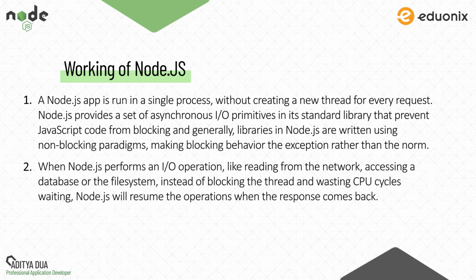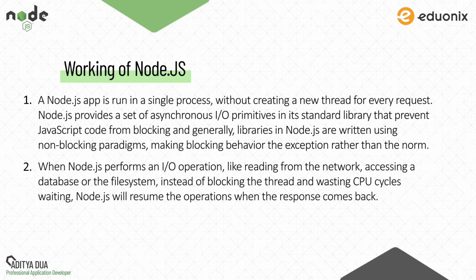Again, what it means is that I am not waiting for the whole system to be stuck. The power of Node is that I am just waiting for my systems, and whenever I get a response from them, I continue with my execution without having to resume the whole thing.